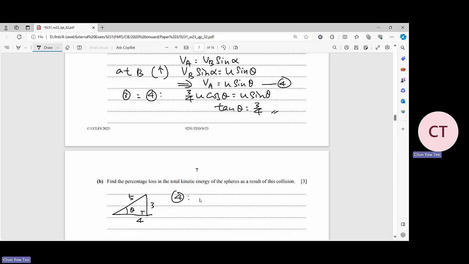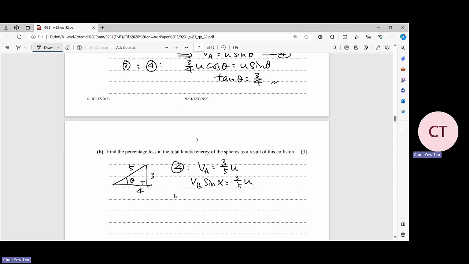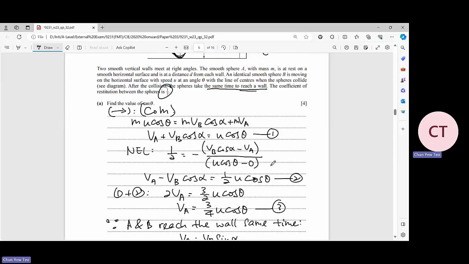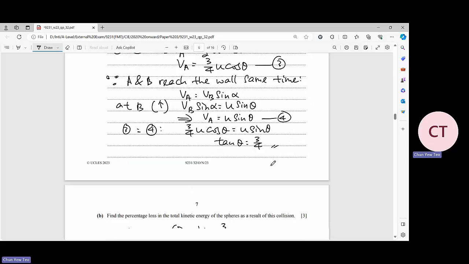From equation number 4, VA is equal to U sine theta, which will be 3/5 U. And then we also know that VB sine alpha is equal to 3/5 U as well. Okay. Now we have used Newton's experimental law. We have used the conservation of momentum.